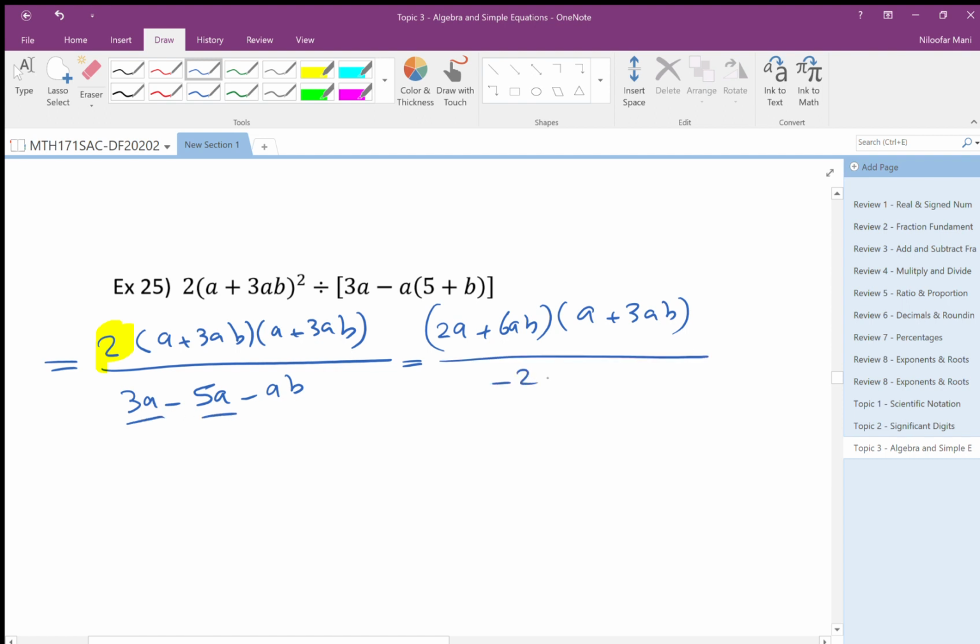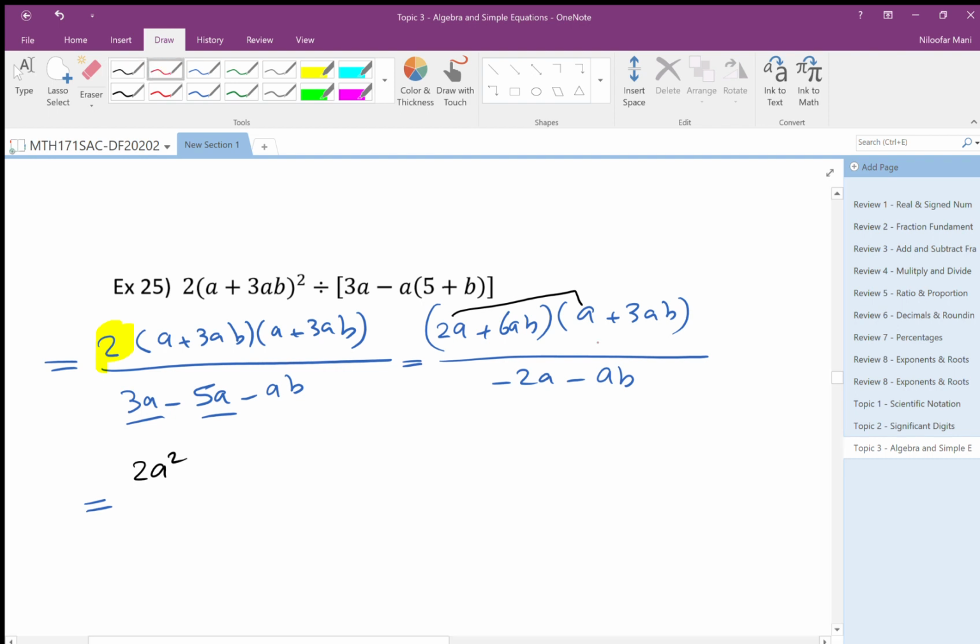so this one and this one, so it's minus 2a minus ab equal, so 2a squared plus 6a squared b. Okay, maybe here I just show it with different color. So I do this with this, so it is 2a squared.